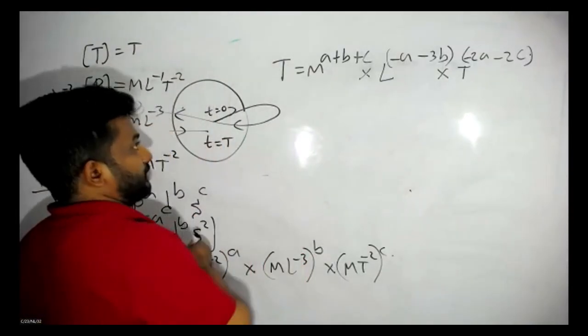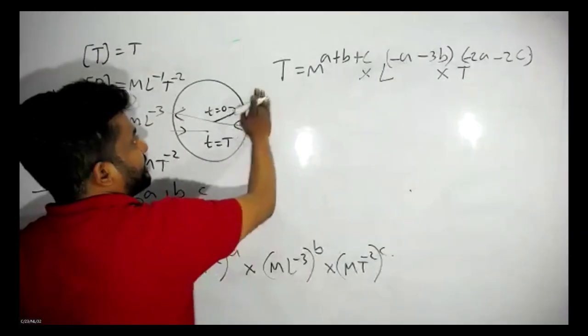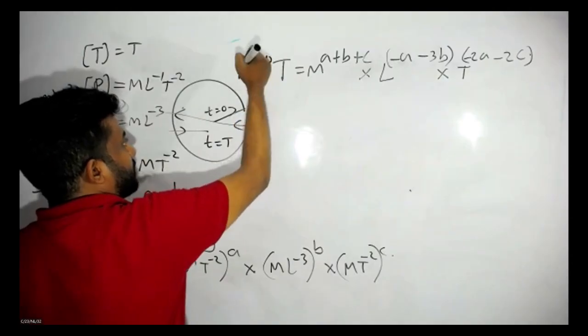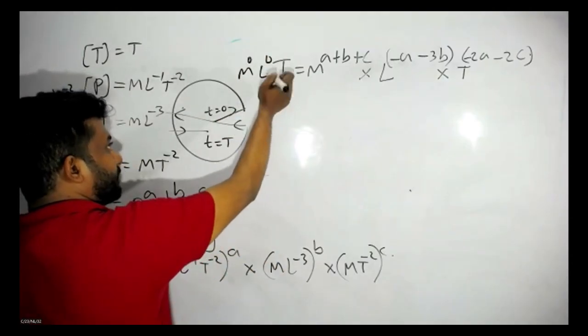Then at the left side, the dimensions are M to the power 0, L to the power 0, only T to the power 1.